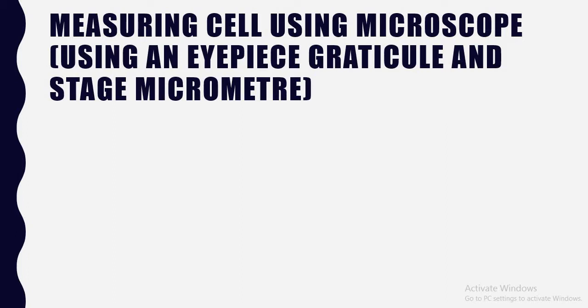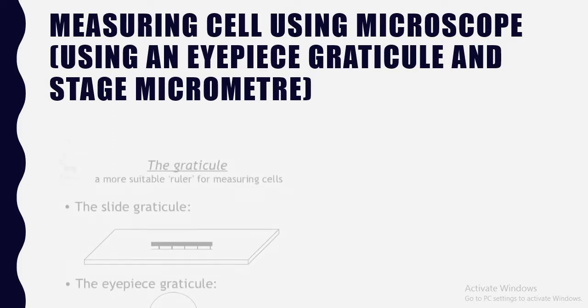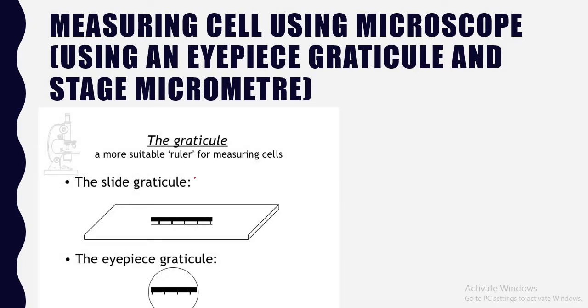So please focus right here. Graticules are what? They are a more suitable ruler for measuring the cell. Till now we were measuring with the normal ruler which we use in our day-to-day life. But the graticule is the one used with microscopes.